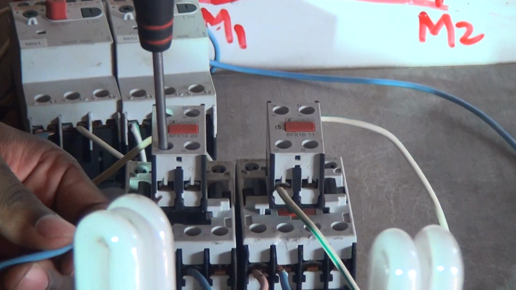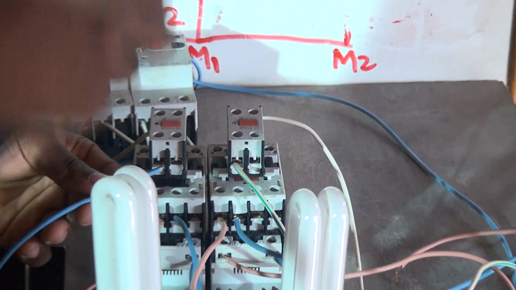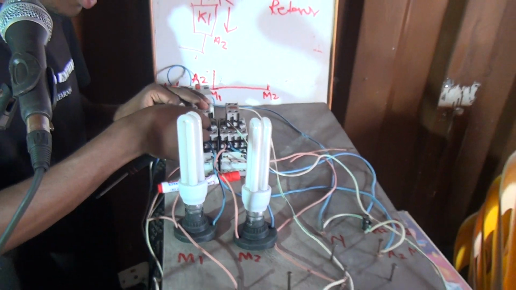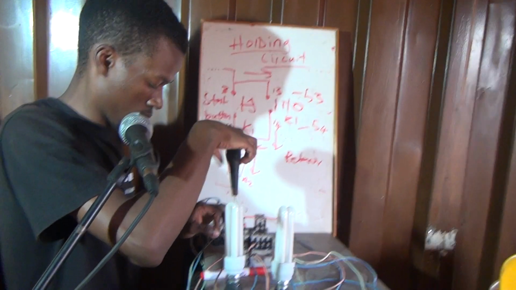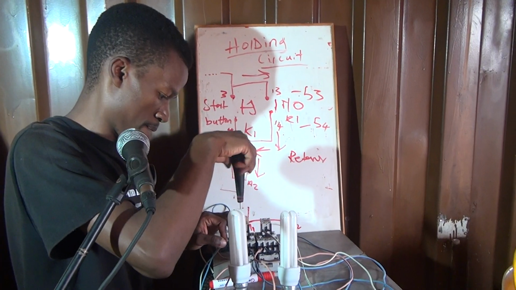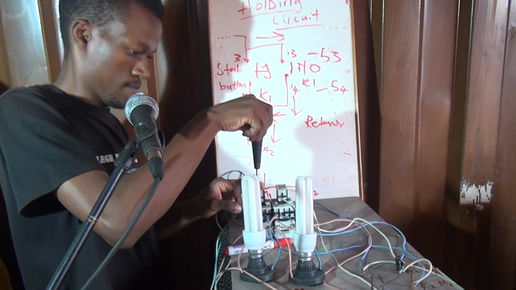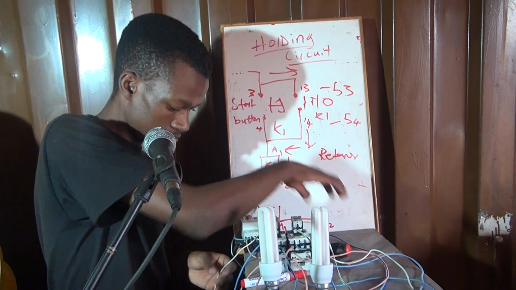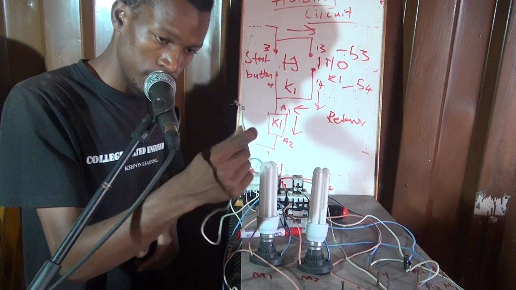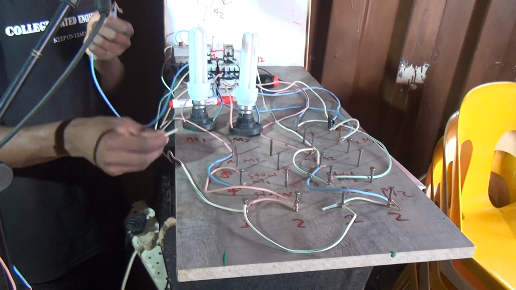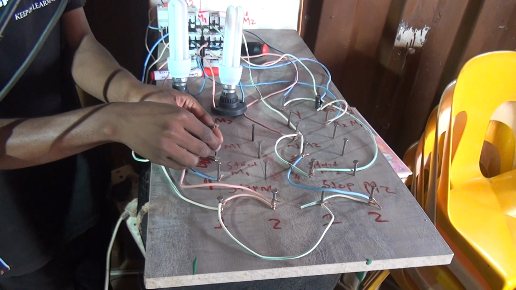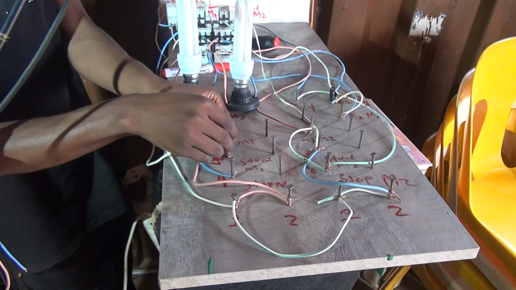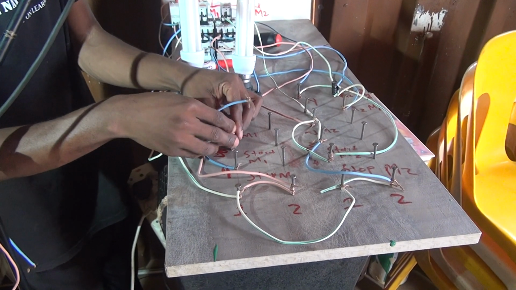Then the other wire, I'm going to connect it to number 54. Okay. So 53, 54. 53 goes to your number 3. Okay, and now it's in.